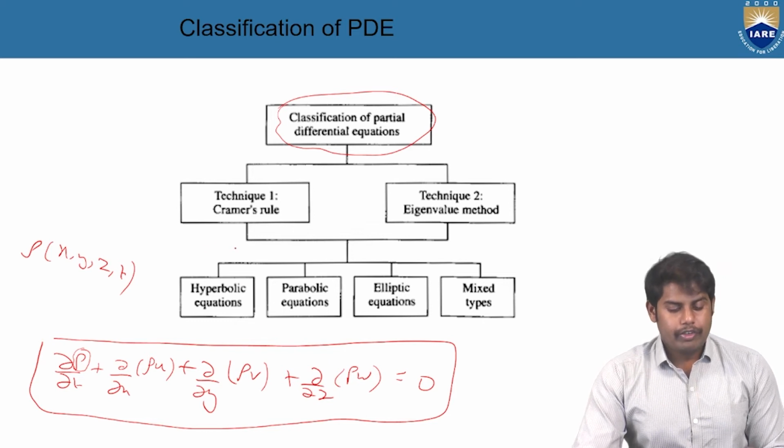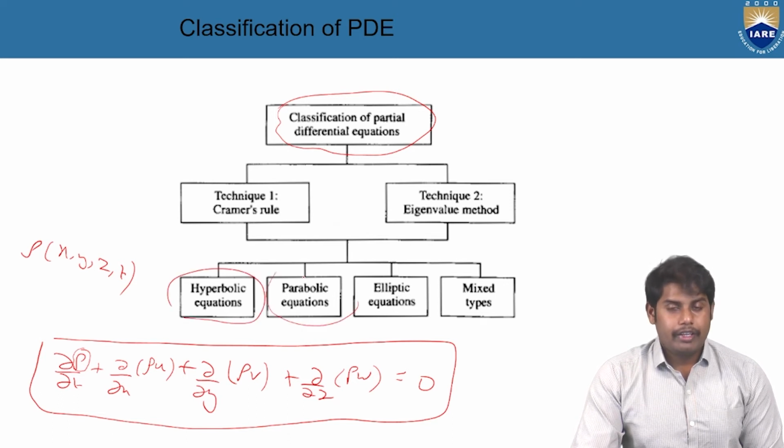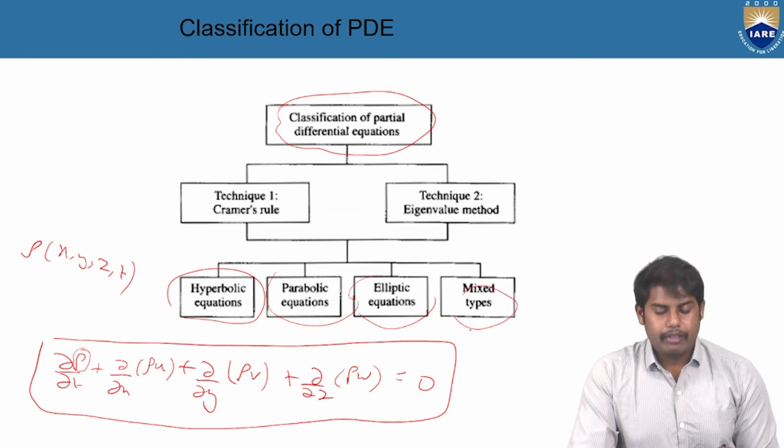Okay. So if you take the partial differential equations, these are basically four types. Okay, here you can see: hyperbolic equations, parabolic equations, elliptic equations, and mixed type equations.